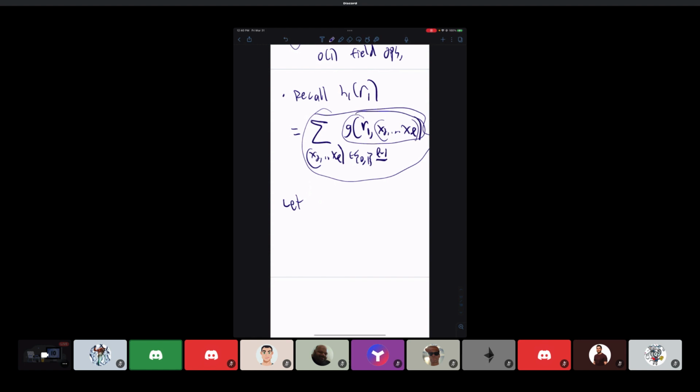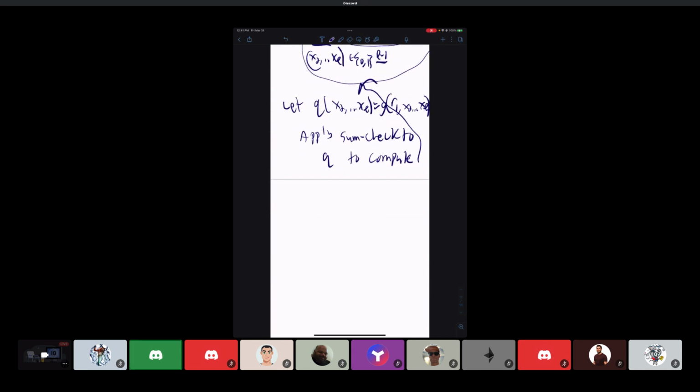Let me call it Q: Q of X2 to XL is G with the first variable fixed to R1. Let's just apply sum check to Q to compute the above, which is H1 of R1. That's it. They proceed in this way round by round.